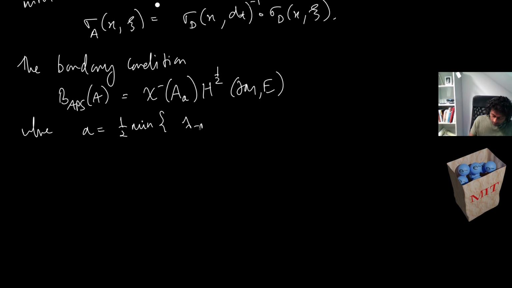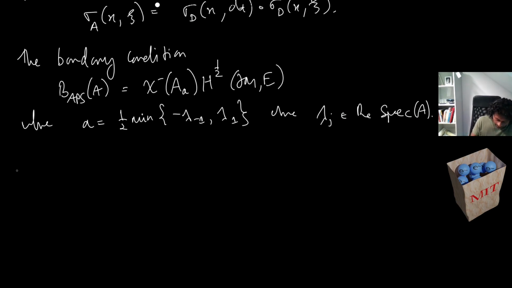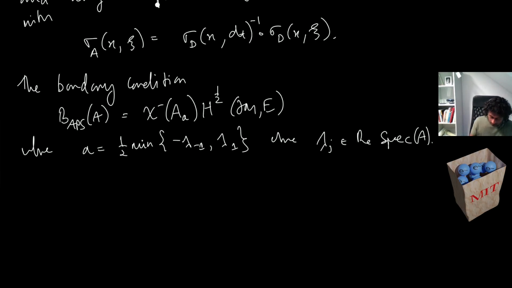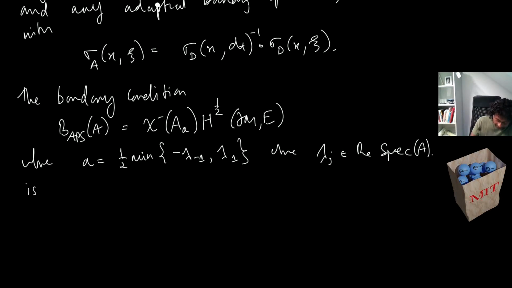Negative 1 and negative plus 1, negative 1, where this J is in the real part of the spectrum of A, right? So this is how we defined the APS boundary condition. So the point of this is, okay, so the point here is, so underlying this, is elliptically regular.